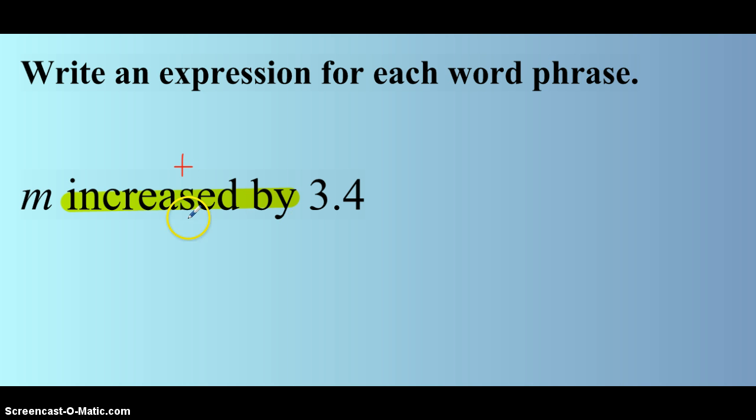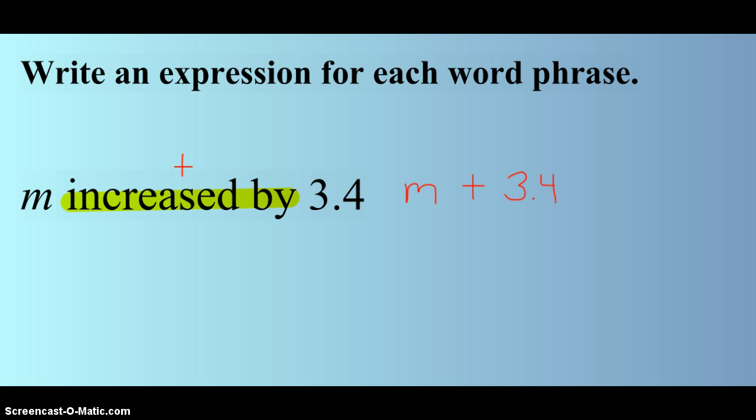And so when we write this one, it's going to look like this. M, because that's the variable that they gave me. Again, if they didn't give me a variable, I would just make up one that I wanted to use. Increased by is a plus, and then the constant that they gave me is 3.4.